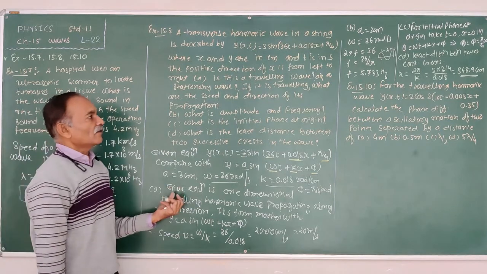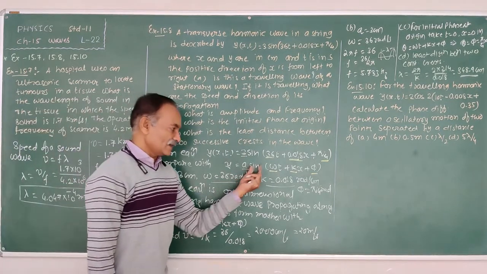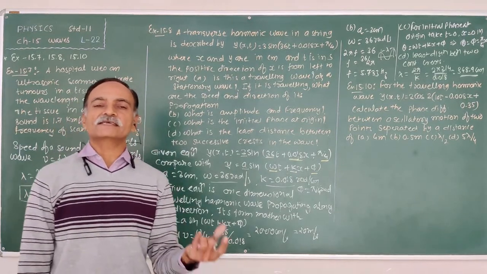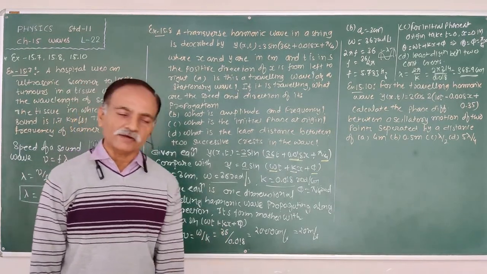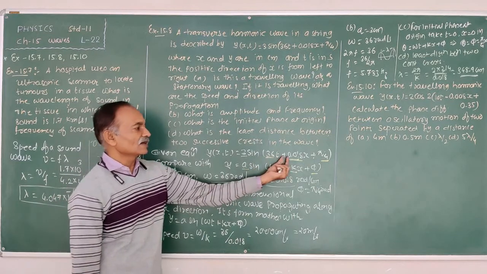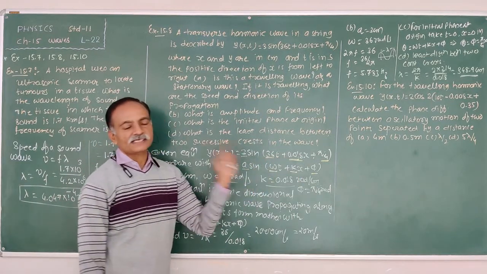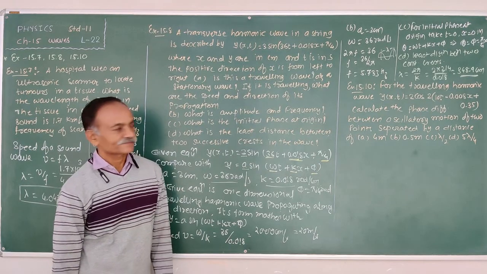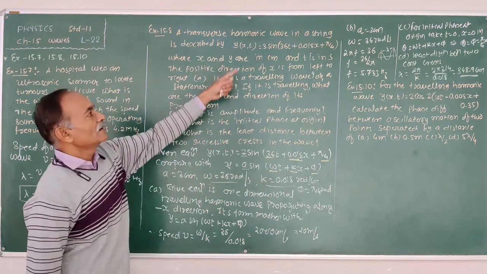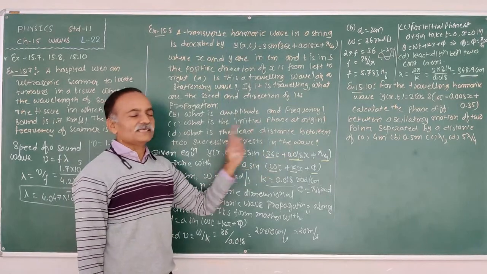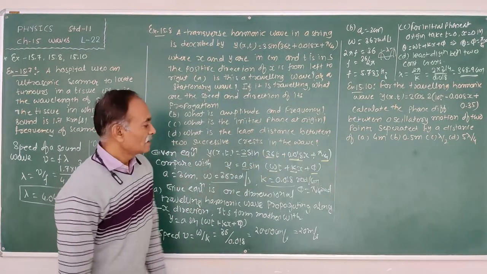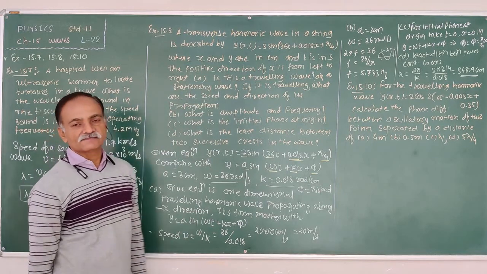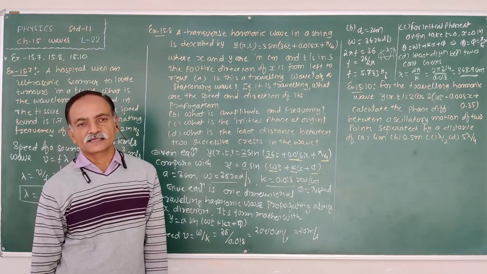Now this standard equation is the equation of a one-dimensional progressive harmonic wave propagating along the minus x direction, because here x is with a plus. Therefore, our given equation is also in the same form. So, according to our first part A question, is this wave traveling or stationary?